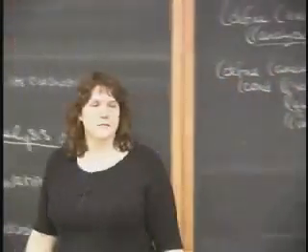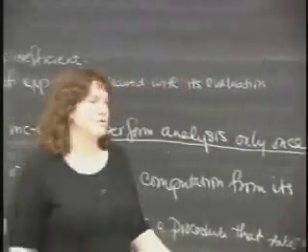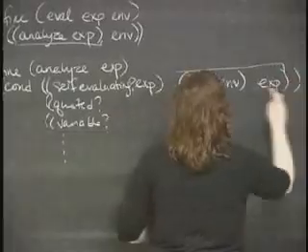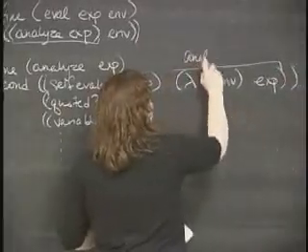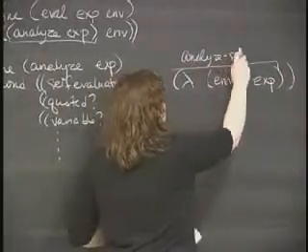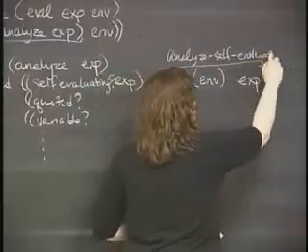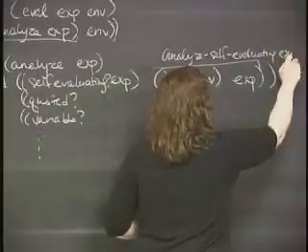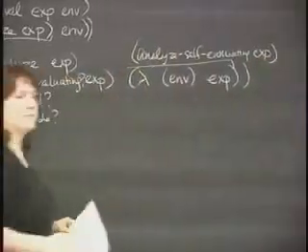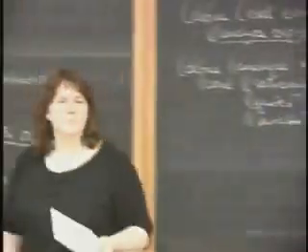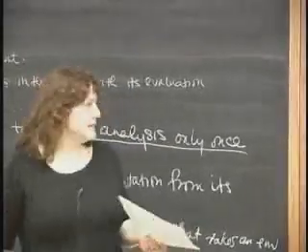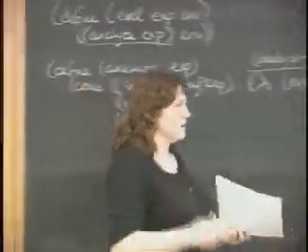Okay, so this is actually skipping an abstraction layer that you guys have on the code in front of you. So there's actually a call to analyze self-evaluating. That environment that it takes in has no effect on the results, essentially. In this case, it has no effect on the results. However, we need to build it all up.